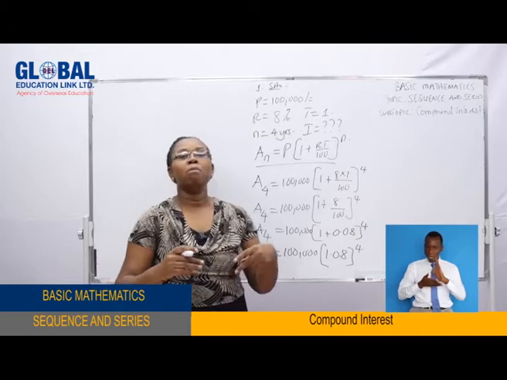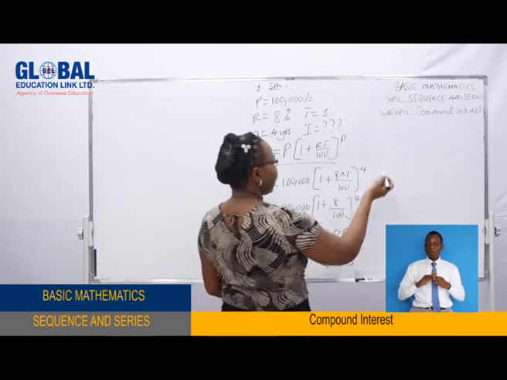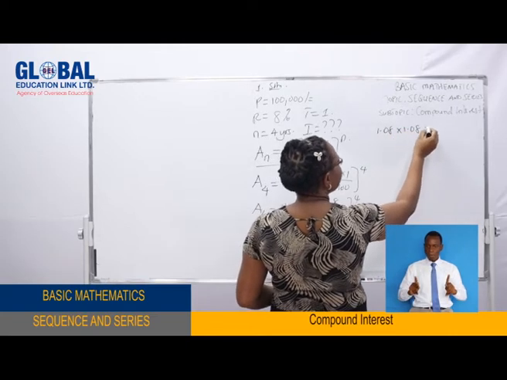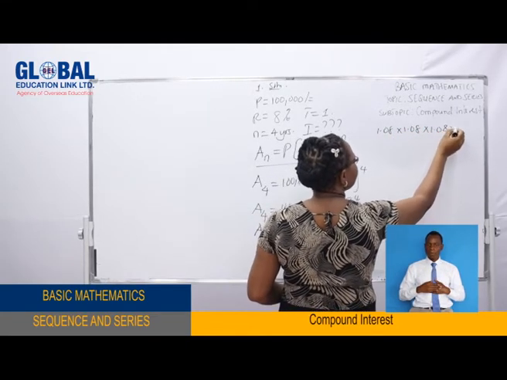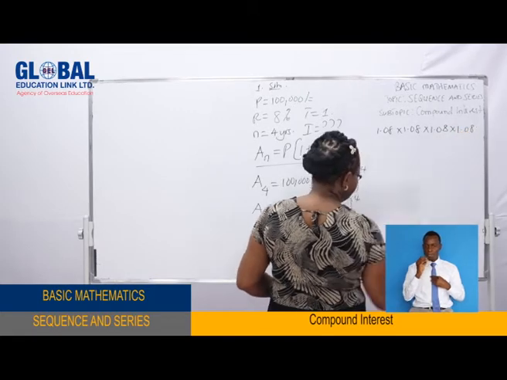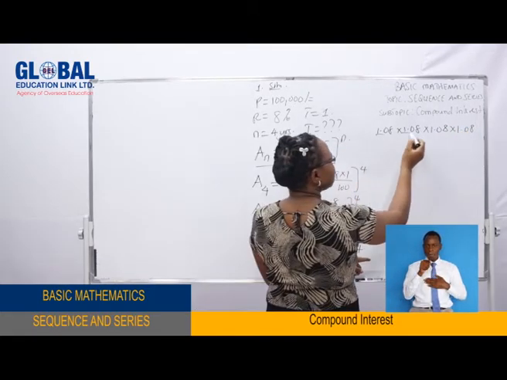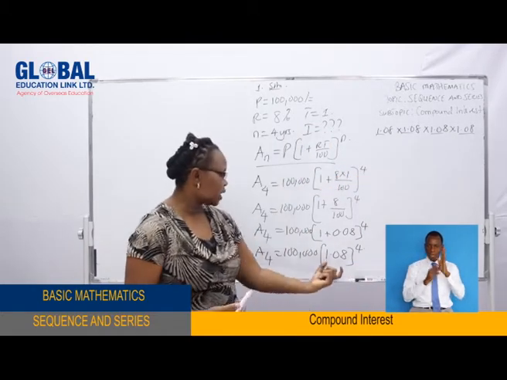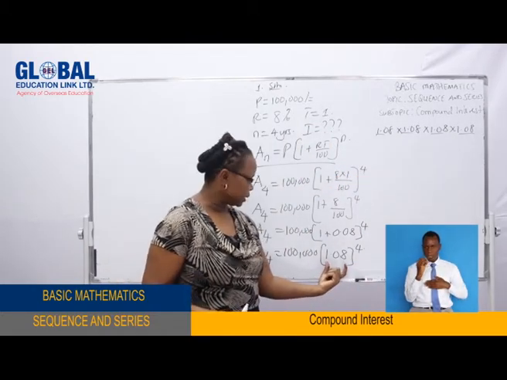My dear students, we have to work on this part, 1.08 power 4, by using a calculator or multiplication. One can multiply 1.08 times 1.08 times 1.08 times 1.08, 4 times: 1, 2, 3, 4. When you multiply this 4 times, you will obtain the answer for this part.